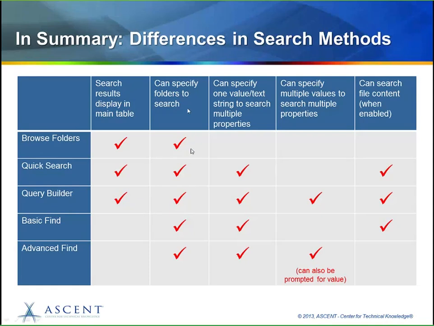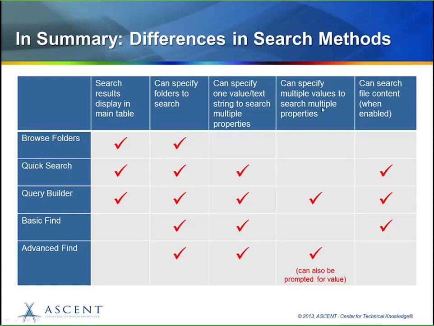Can specify folders to search. Really all of them can do that. It's perhaps your personal preference which one to use. Can specify one value text string to search multiple properties. We saw quick search and query builder and basic find and advanced find allow you to do that.